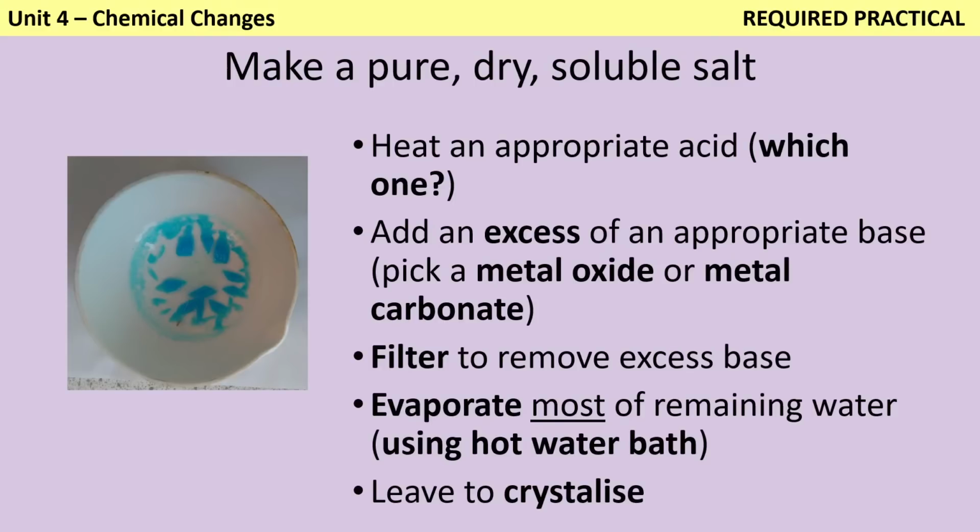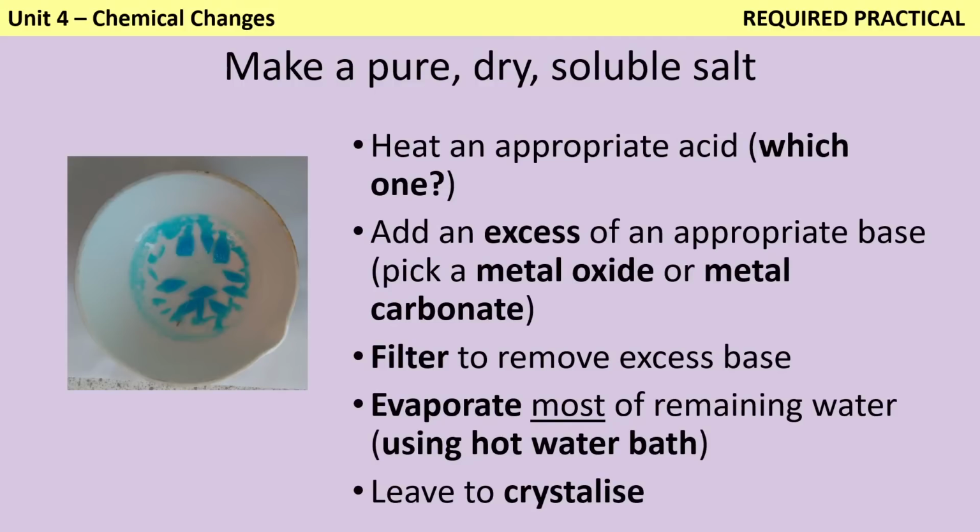So once you've added an excess of base, you will know that you've added an excess of base because you'll be able to see a solid on the bottom of the beaker. And then we're going to need to filter it to remove that extra base. And then you're going to evaporate most of the remaining water, not all of the remaining water, because if you evaporate all of the remaining water, then you won't get crystals, which is the point of the practical.